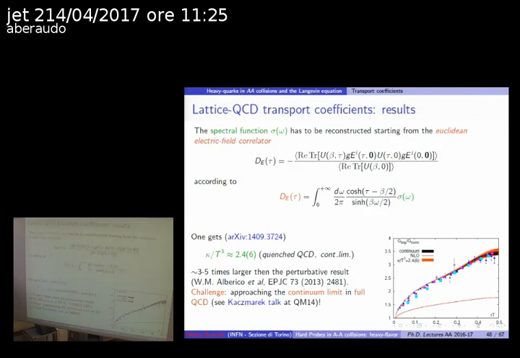But besides these details of the derivation, the message is that you need to extract this. So you want to extract its functional shape, and you want to know it very accurately, close to omega to 0. You can imagine having some bins, and the value of this function in each bin is like a fit parameter.